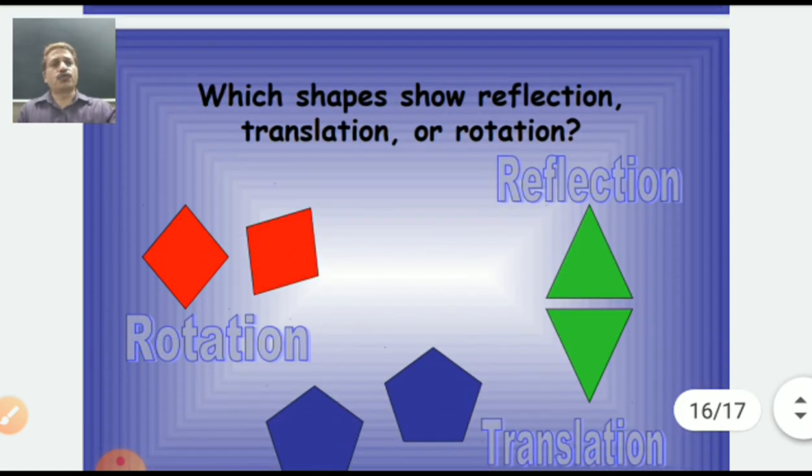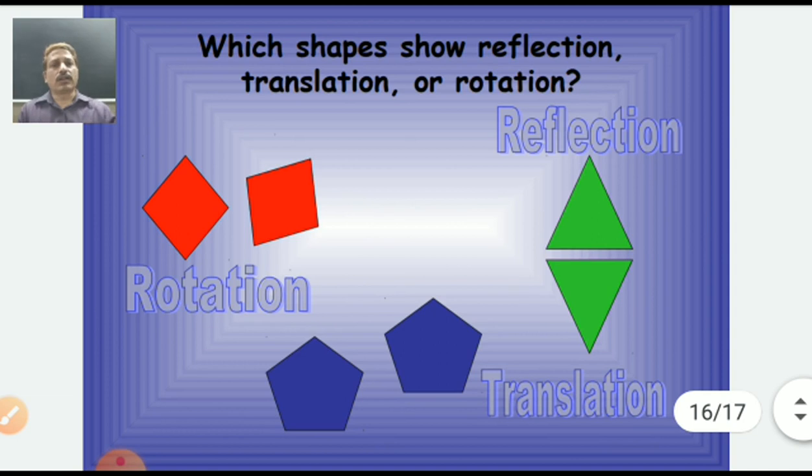Which shapes show reflection, translations, or rotations? Reflection means exactly the same thing you can get. See, the triangle, green color. Whatever is on the upper side is showing on the downside. It's a horizontal line of symmetry. Translations. So whatever this is, turning up or down.